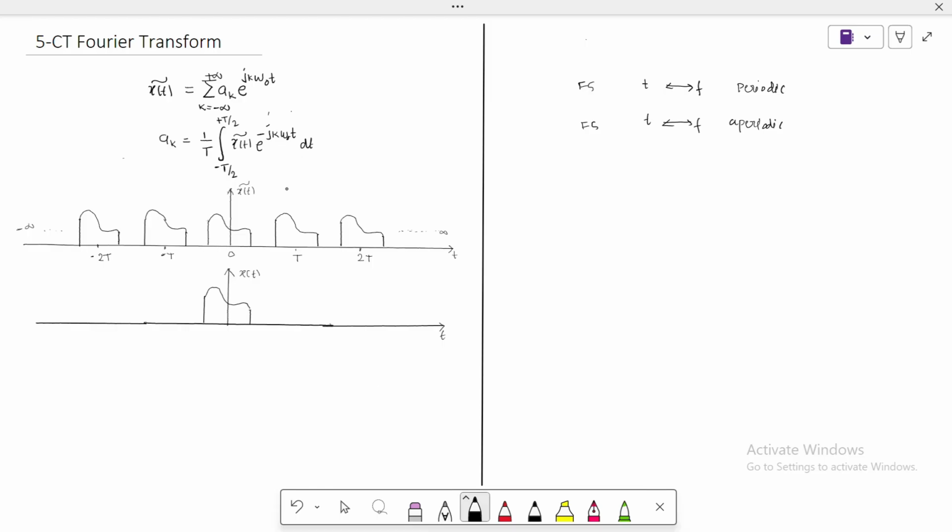Earlier this was the periodic signal, and now it is the aperiodic signal. For the periodic signal, capital T is the time period.